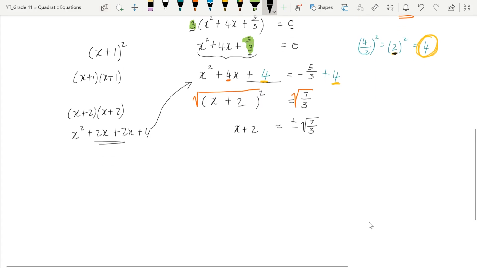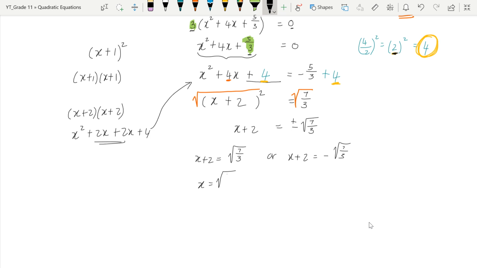So then we'll have our two solutions. It's either x plus 2 is equal to positive that, or x plus 2 is equal to negative that. So also make sure that you read the question carefully, whether you can leave this in surd form, or if you must round this off, say, to 2 decimal places.